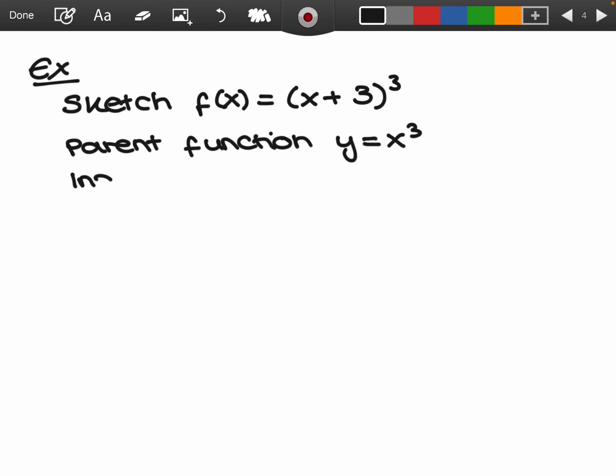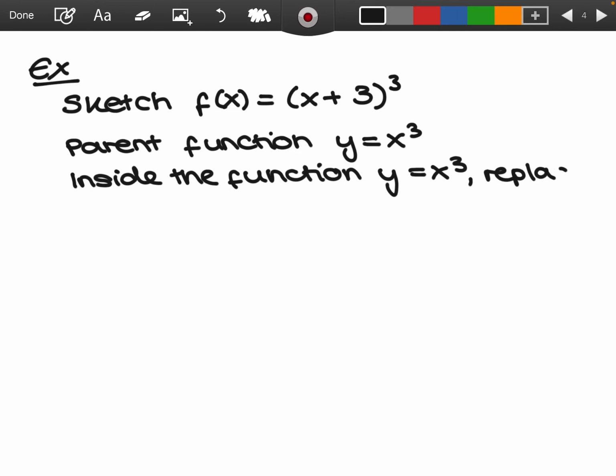So inside the function of y is equal to x cubed, we've replaced every x with x plus 3. Because of that, we know that we're dealing with things inside the function, therefore we are going to be doing a horizontal translation.